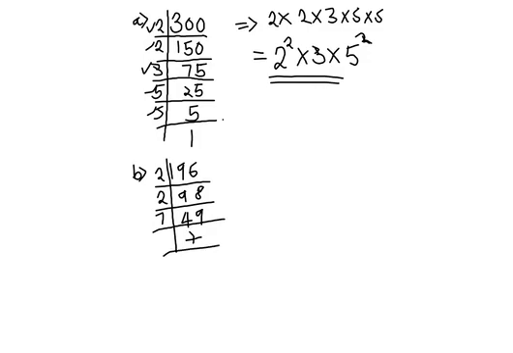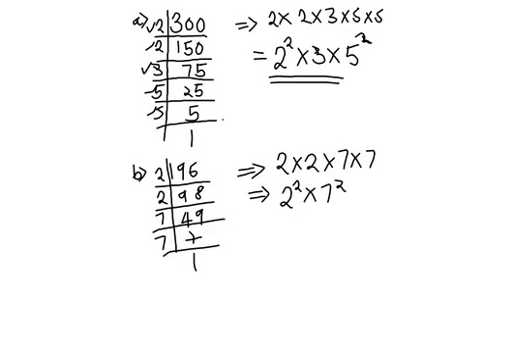And then we also divide by 7, which will give us 1. So the prime factors of 196 will be 2 multiplied by 2 multiplied by 7 multiplied by 7, which can be written as 2 power 2 multiplied by 7 power 2.